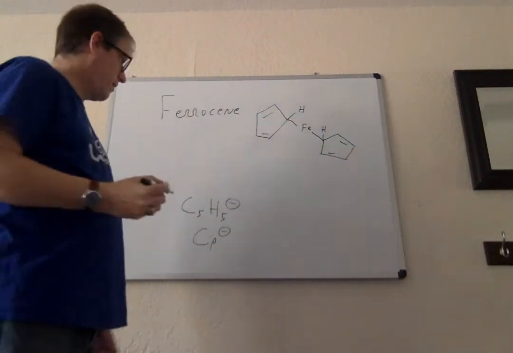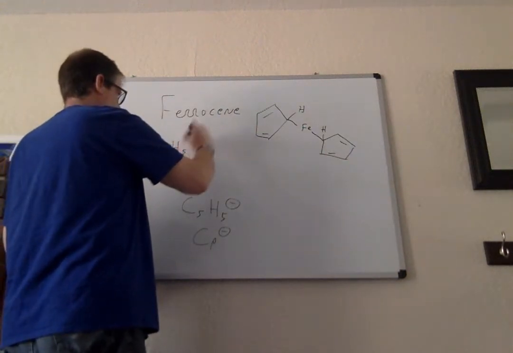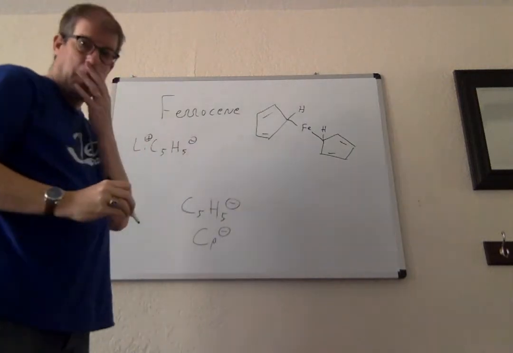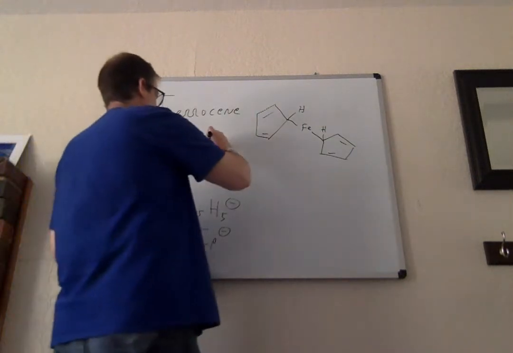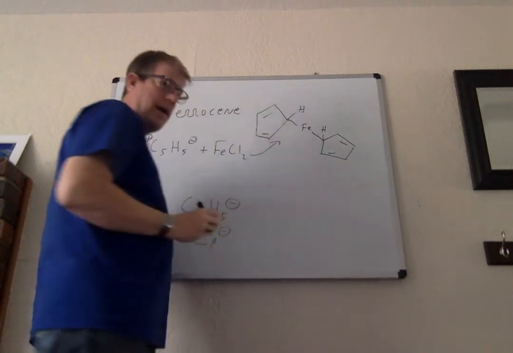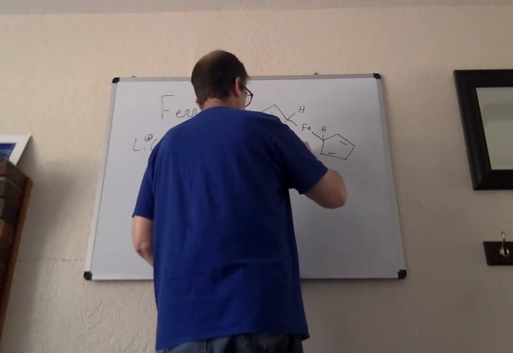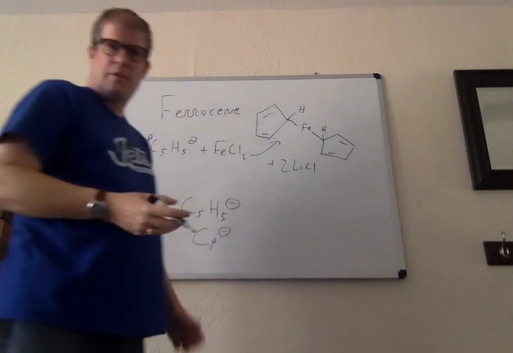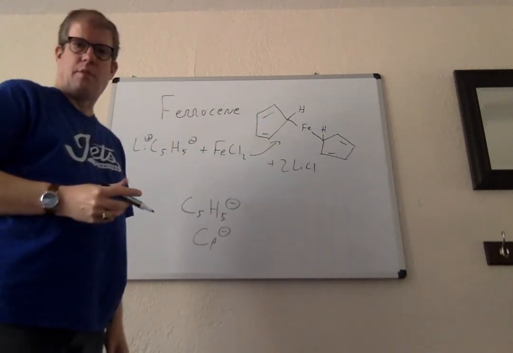And the way that they made it was by taking a lithium salt of cyclopentadienide and adding that to iron 2 chloride. And you get 2 lithium chlorides as a byproduct. So this is what they thought the structure was.